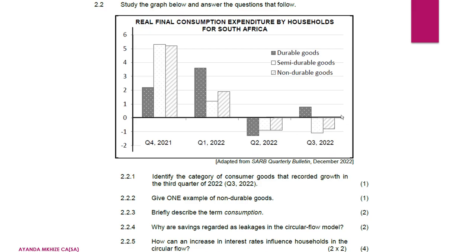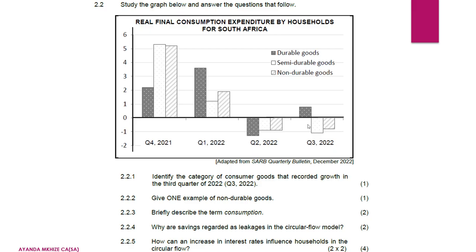It's this part of the graph. We want to identify the category of consumer goods that recorded growth. In order to see growth, you need to see what happened in the previous quarter, which was quarter two of 2022. In quarter two of 2022, all the goods were below zero.